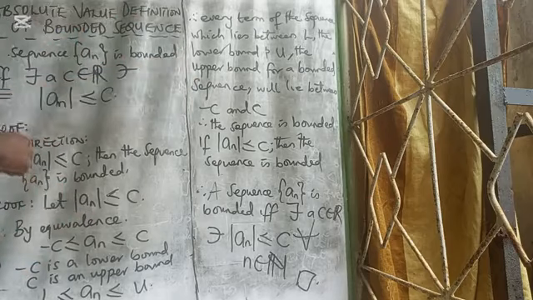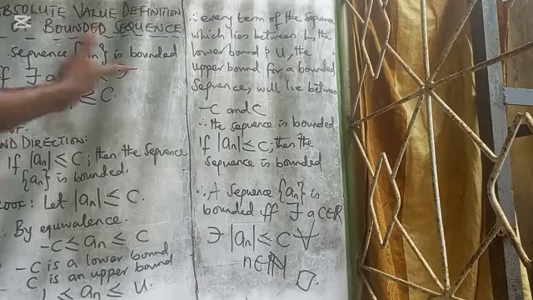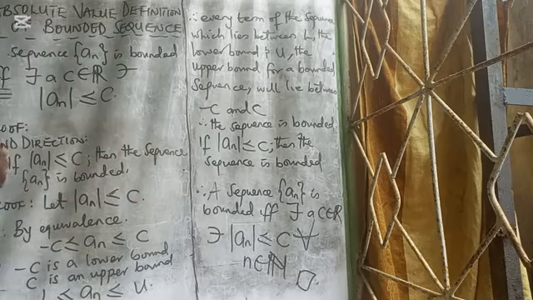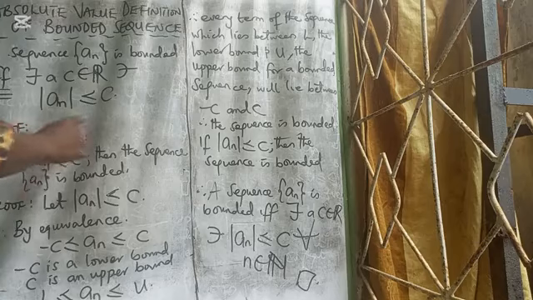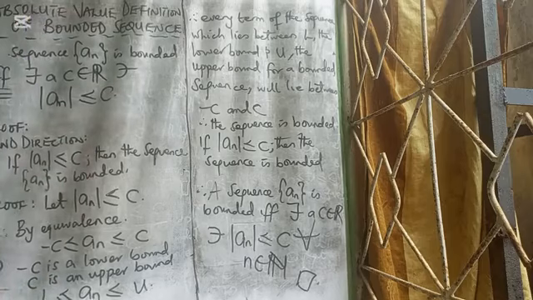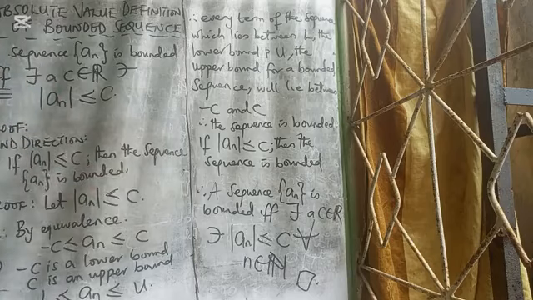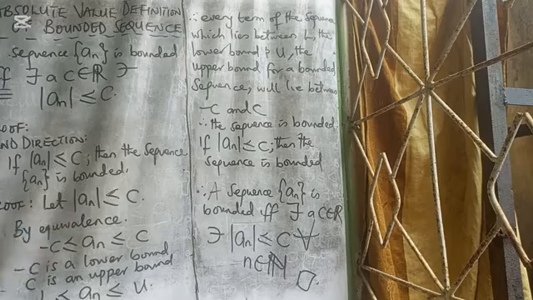And from there, we show that absolute value of a sub n is less than or equal to C. Then the second direction is what we have here, where we assume that the absolute value of a sub n is less than or equal to C. And from there, we prove that it is bounded. And so if we are able to prove the two directions, we can then conclude that a sequence is bounded if and only if there exists a C in R such that the absolute value of a sub n is less than or equal to C for all n contained in capital N.